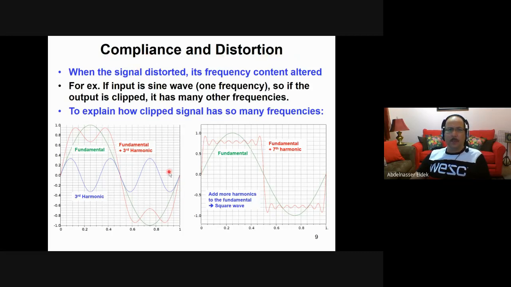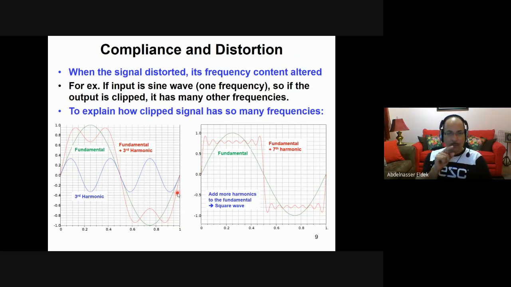Compliance and distortion here. When you clip a signal, this means that you create a different signal, because if you have a sine wave, a sine wave has only one frequency. If you have 10 sine 2π 1000 t, for example, then the frequency is 1000. Sine and cosine have only one frequency.